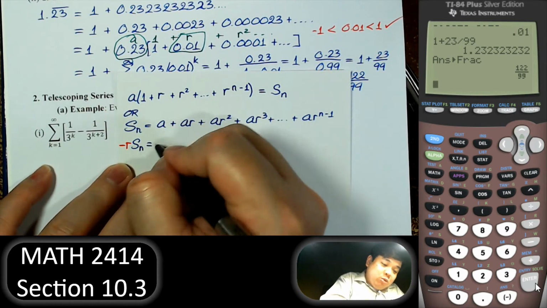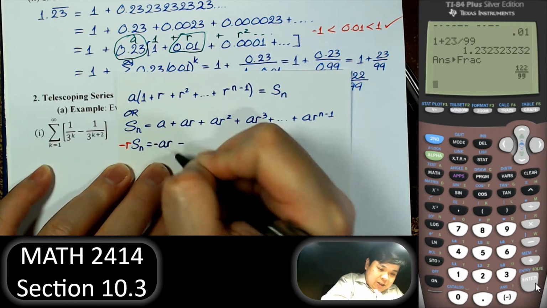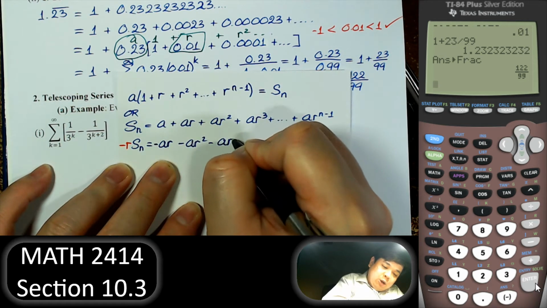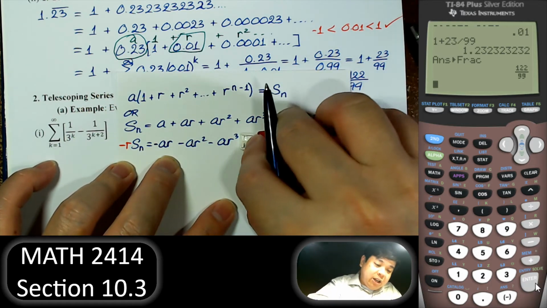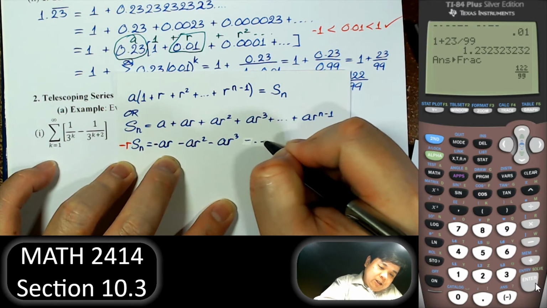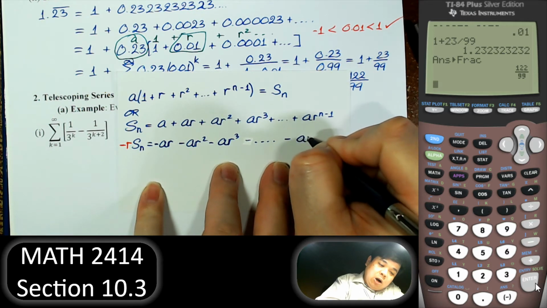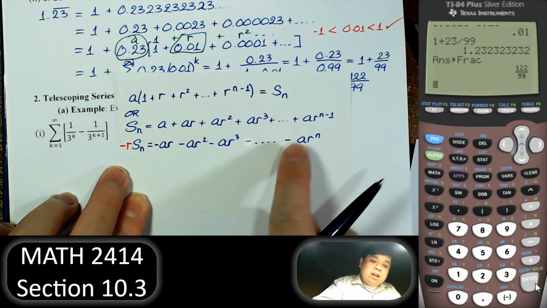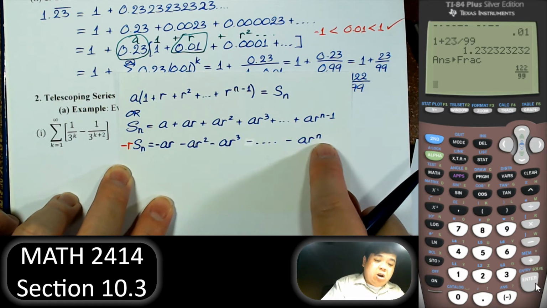Right, so multiply everything by -r. We have -AR squared, -AR cubed, and still keep subtracting, all of them are negative. The last one is -AR to the n, because when you multiply -r in here, that turns negative, and r times r to the n minus 1 is r to the n.